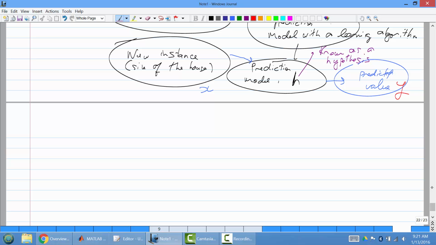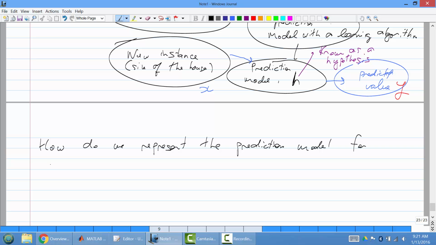So how would we actually represent this prediction model when you take a look at linear regression, fitting a first order line of best fit between as many points as you can? So how do we represent the prediction model for one variable linear regression, because we're only covering one variable or one feature for now.